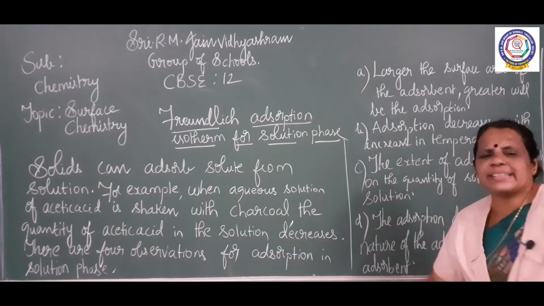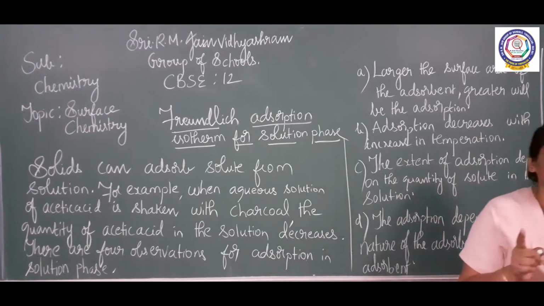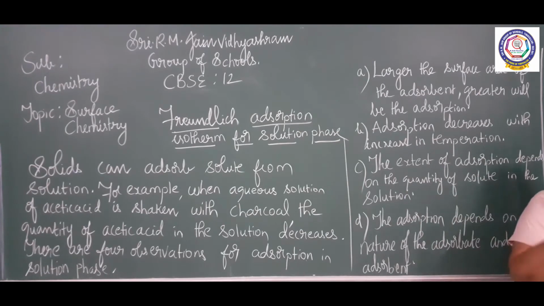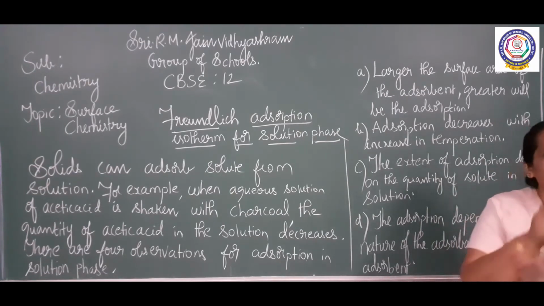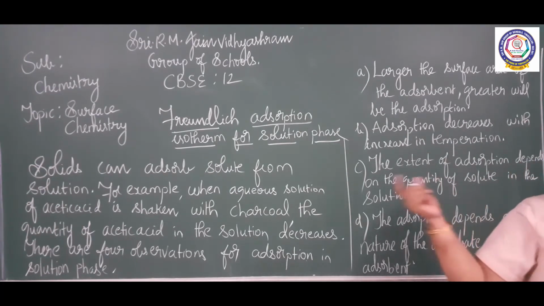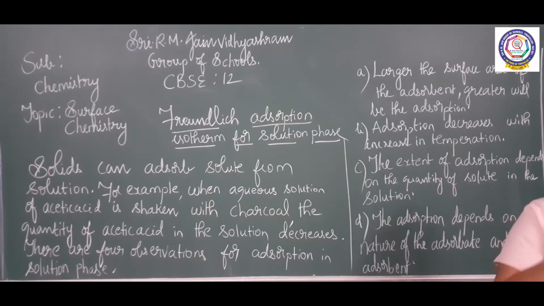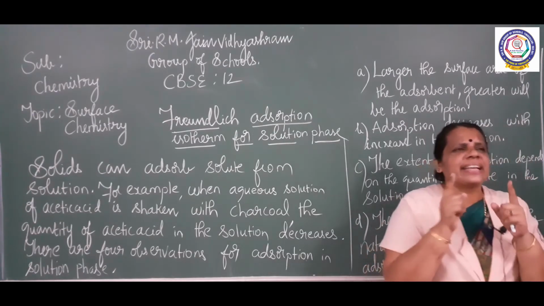So we are discussing the Freundlich adsorption isotherm for solution phase. Solids can adsorb solute from the solution. The example we are discussing is when aqueous solution of acetic acid is shaken with charcoal. Charcoal acts as an adsorbent.